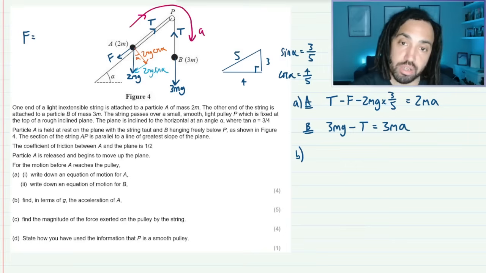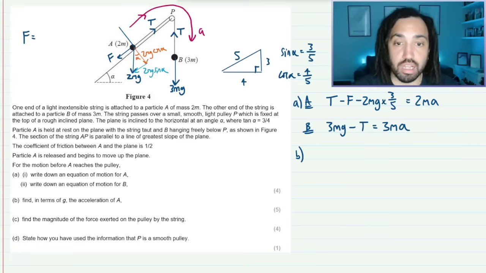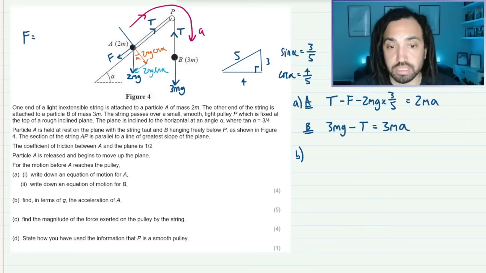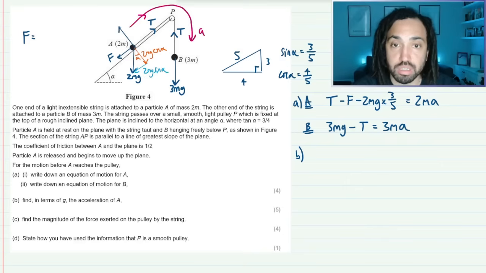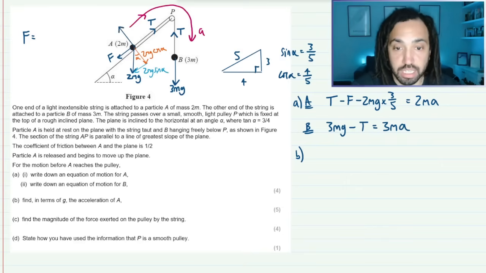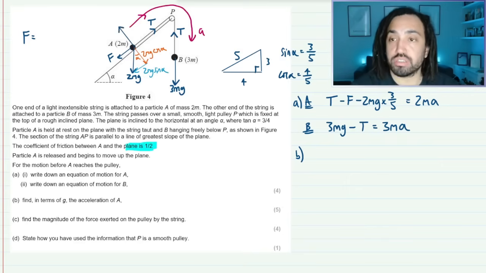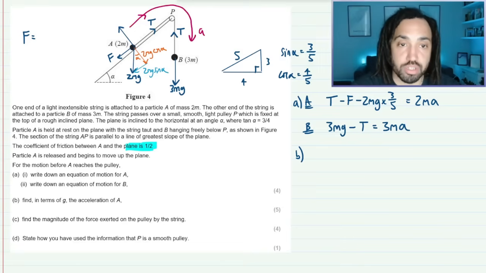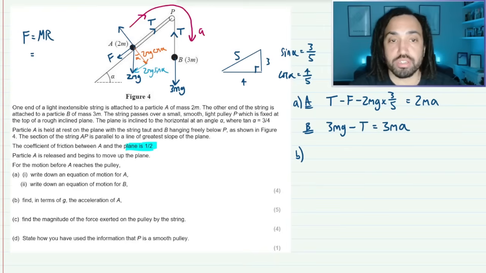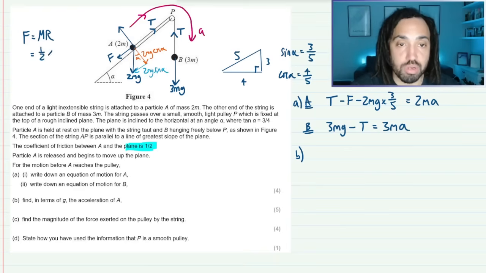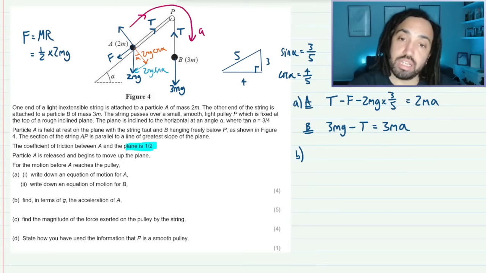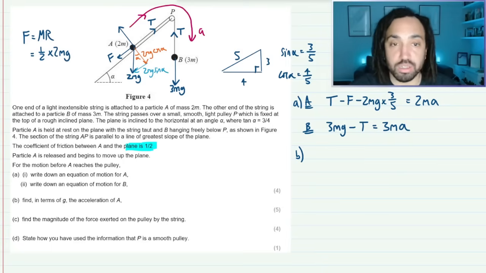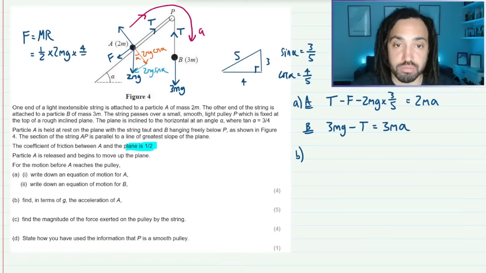So we know that F is equal to, because we have the coefficient of friction, mu R. So that will be a half multiplied by 2mg times cos alpha, and cos alpha is 4/5.